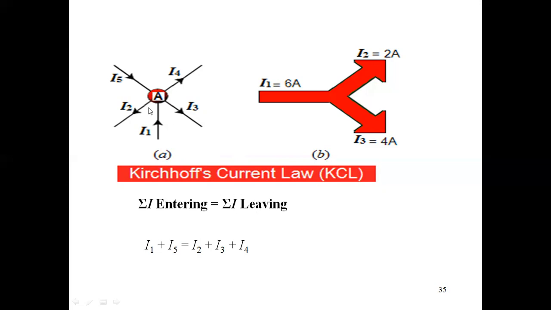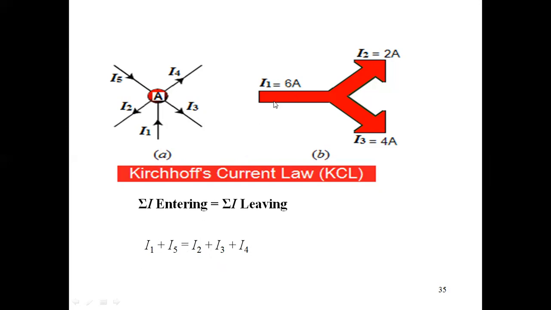The leaving currents are I2 plus I3 plus I4. So I will formulate this equation: I1 plus I5 is equal to I2 plus I3 plus I4, and this is KCL. It is nothing but Kirchhoff's current law.